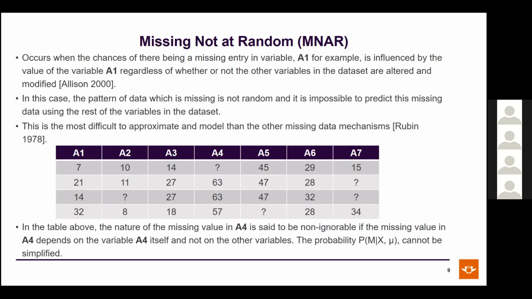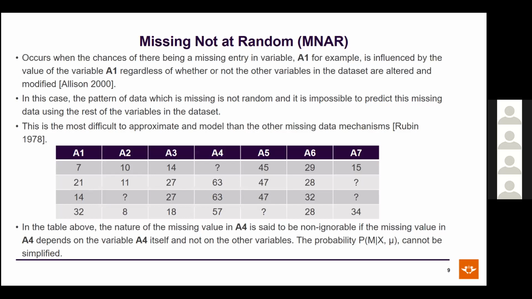In the case of missing not at random, the pattern of data which is missing is not random, and it is impossible to predict this kind of missing information. So it's more difficult to impute missing not at random than it is to do the imputation for missing completely at random or missing at random, the other two mechanisms we spoke about.